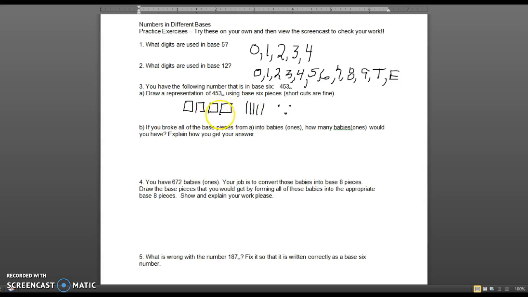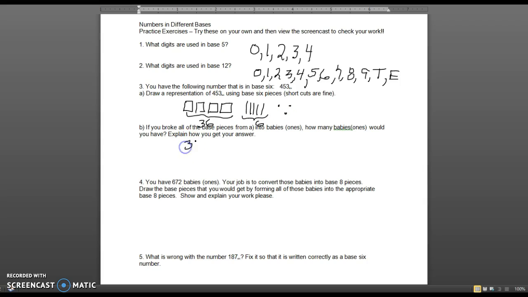And what I want to think about here is if I were to take each of these base pieces and break them up until they were in their smallest form, which is babies, how many babies would I have, right? So what that requires me to do is say, hey, each one of these flats, when I'm in base 6, has 36 babies, and each one of these longs is 6 babies, and of course my ones are ones.